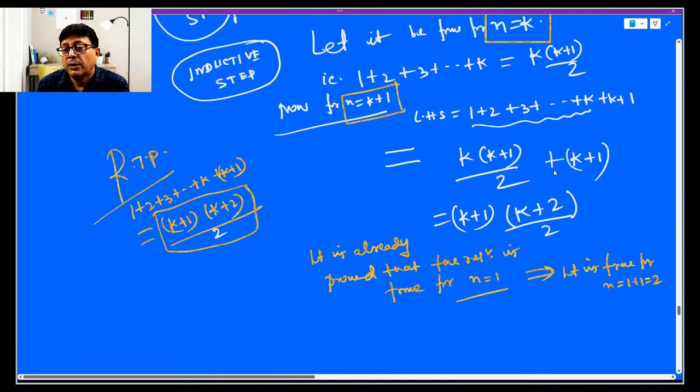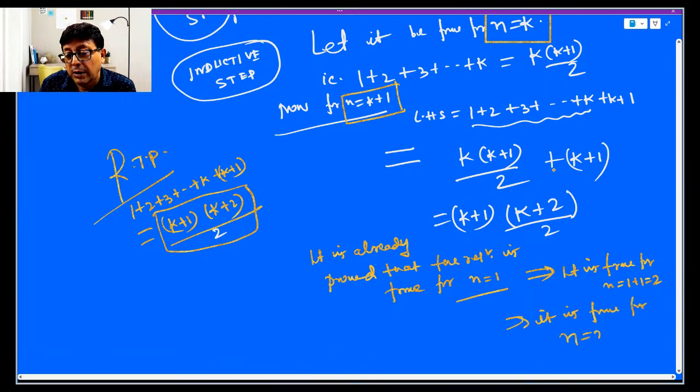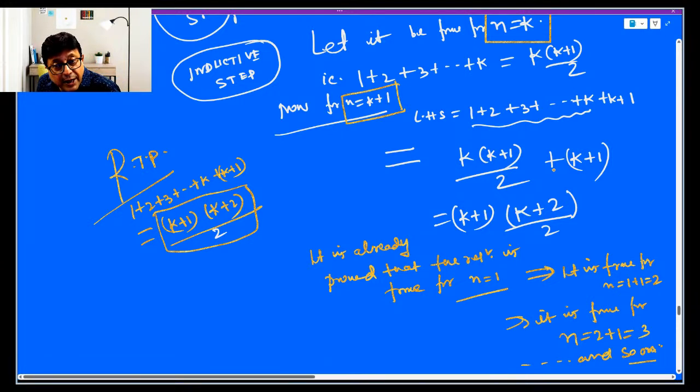So this implies it is true for n equal to 2 plus 1, that is 3, and so on. So now write your comment that it is true for all positive integral values of n.